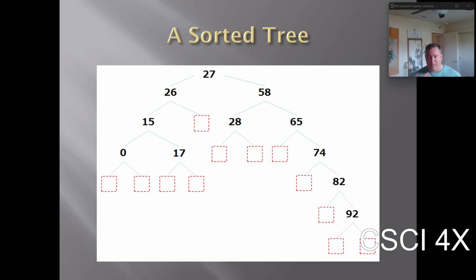Remember how we've been talking about invariance and hammering class invariance this whole semester? There is an invariant for a binary tree that every element left of me, in other words, within the left subtree, is smaller than me. Everybody in the right subtree is bigger than me. If there's nobody in the tree, it points to null. That's about it for the invariance.